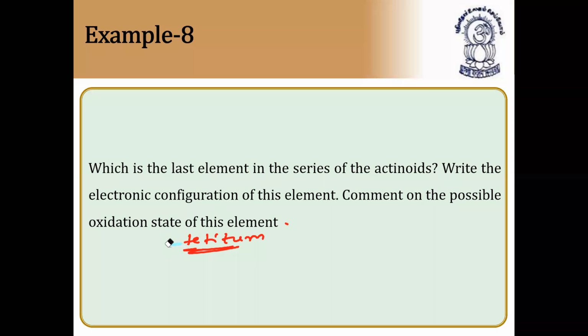It has 5f14. The configuration is 5f14 with plus 3 state. All are completely filled. So you can comment on the possible oxidation state of the element is only plus 3.